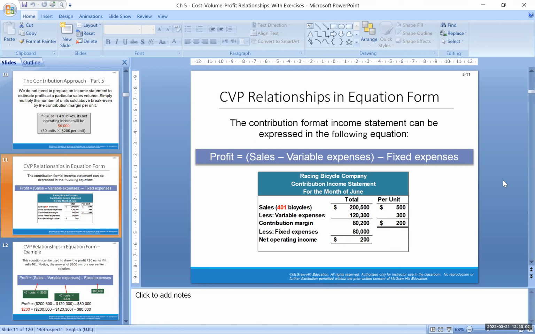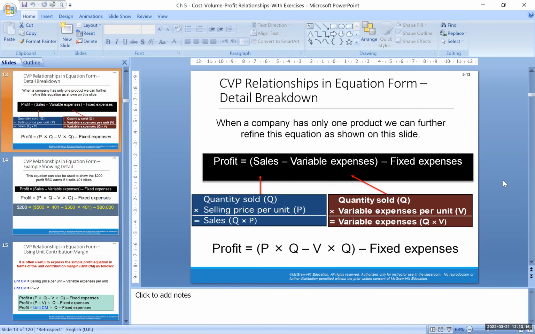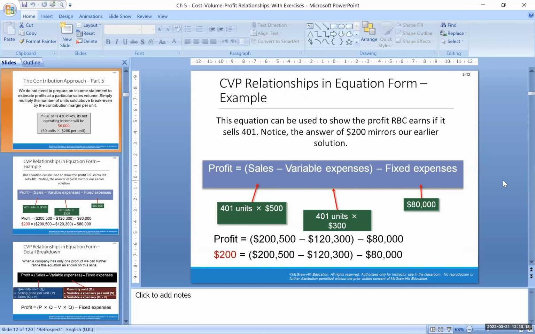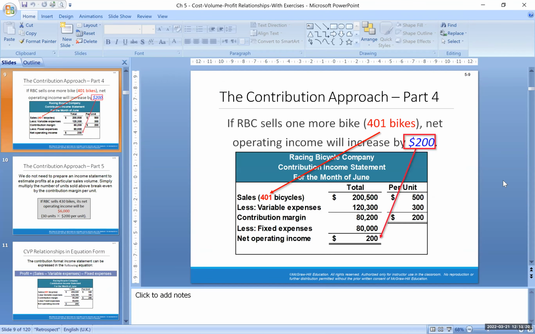If you like, we can prepare the income statement just to prove that we have $6,000 for 430 units. Let's go through it in a hurry.